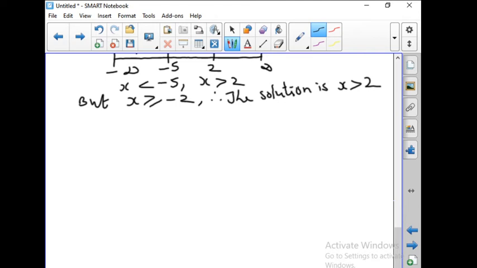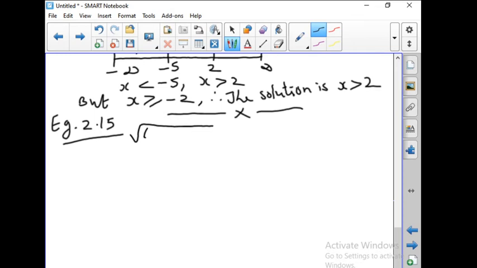Now coming to example 2.15. Okay, example 2.15. Solve square root of 6 minus 4x minus x square is equal to x plus 4. Okay.